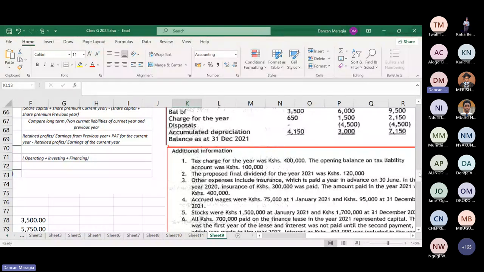Many businesses will usually estimate the tax they are supposed to pay. That is where KRA will usually say, do your own self-assessment.